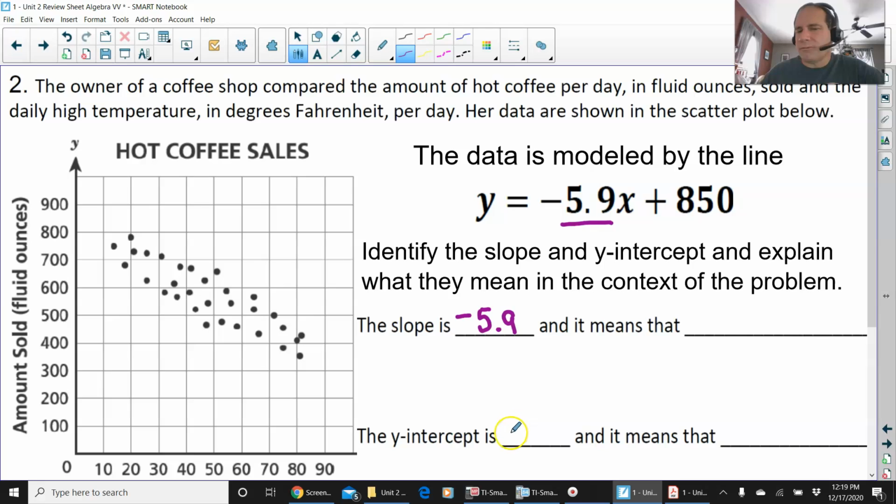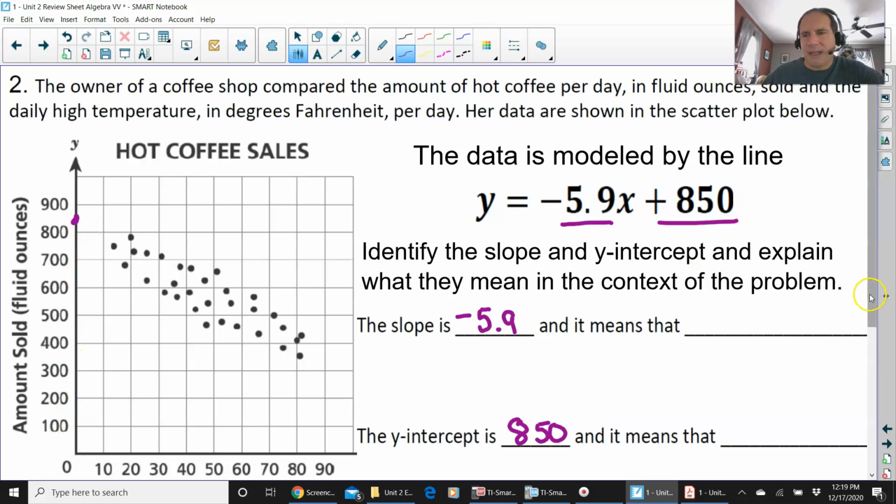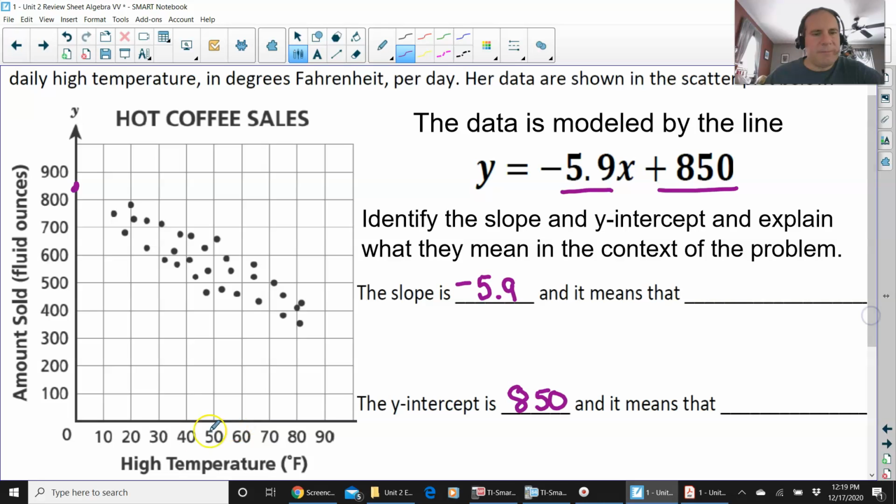All right, so the y-intercept is the other number. What does that mean in the context of this problem? The amount sold in fluid ounces of this coffee is 850, the y-intercept. So you're taking a look at the temperature.